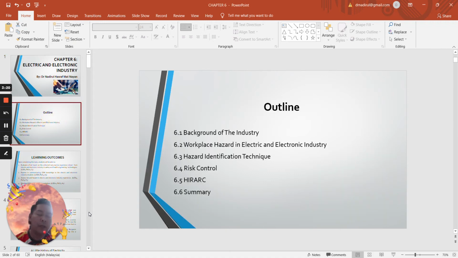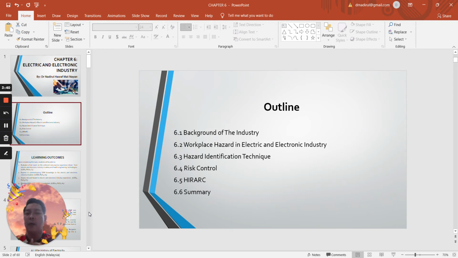For today's course outline, the course will be subdivided into six subchapters. The first one is the background of the industry itself, then the workplace hazard in the electronic industry, and the hazard identification technique, where how you identify the hazard will be explained in this subtopic.